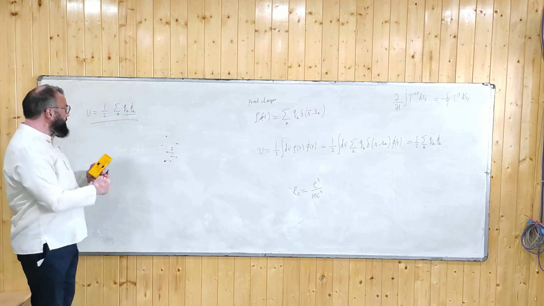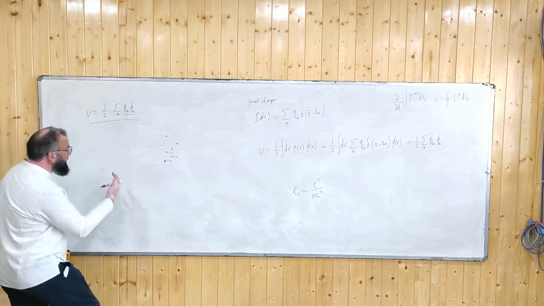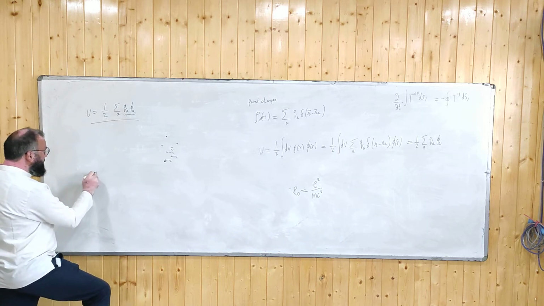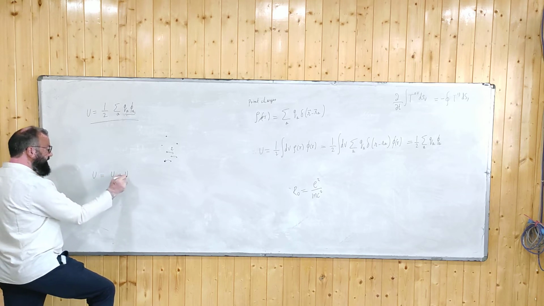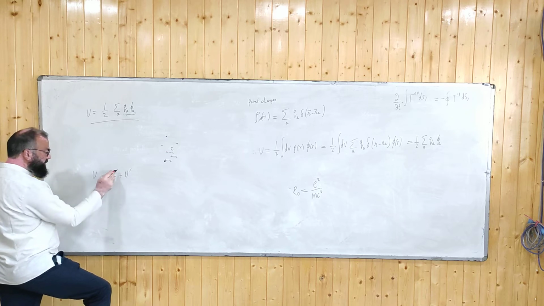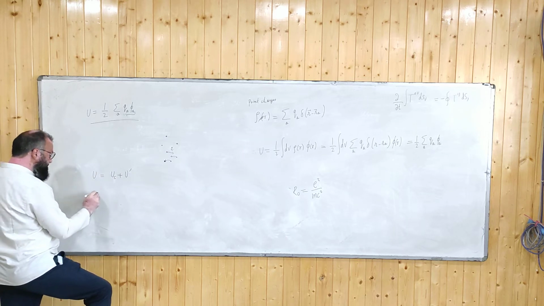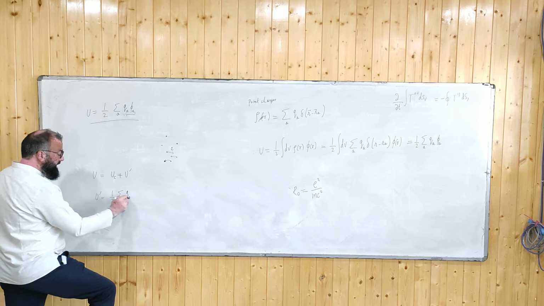So what we will be doing is actually excluding the self energy part. So we will write this U as containing two terms, U prime plus U self energy. So we will discard this. So what will be this U prime? It will be some half, let's say, sum over A, QA, okay?